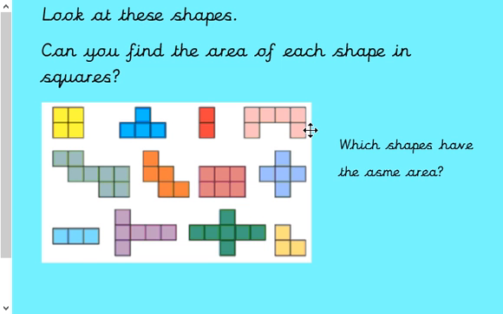So your job on this question is, can you find the area of each of the shapes in the squares? And then finally, maybe you could have a little look and look at which shapes might have the same surface area or the same area. Press pause while you're working and press play when you're ready to move on.